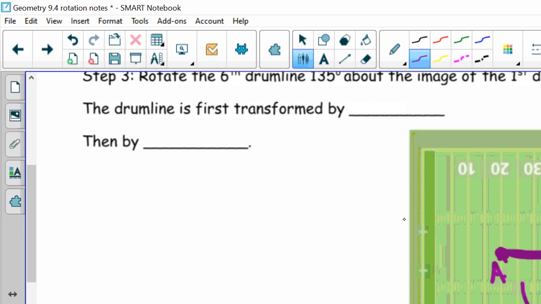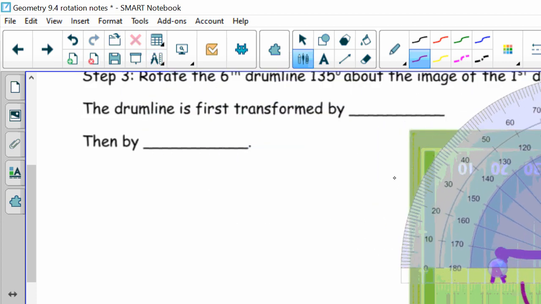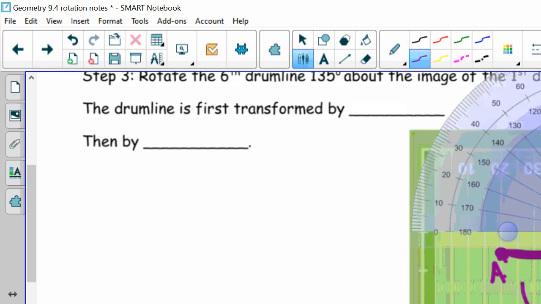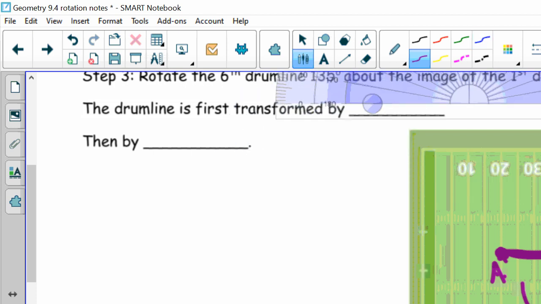It says the drum line rotates counterclockwise 180 about the sixth drummer. We did that. Then it rotates 135 degrees clockwise about the first drummer. So now I need a 135 degree rotation. I can see 135 is going to be about right there, so there's my 135 degree angle. Now I need to find out what the distance is.